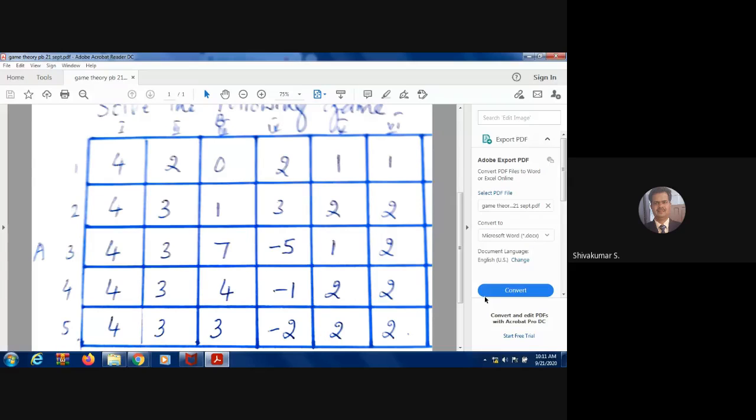So take the problem right now. A has 5 rows, meaning 5 strategies. B has 6 columns, meaning 6 strategies. Once you have noted down the problem, just let me know.